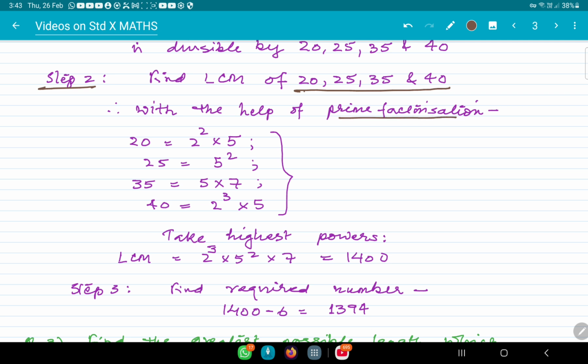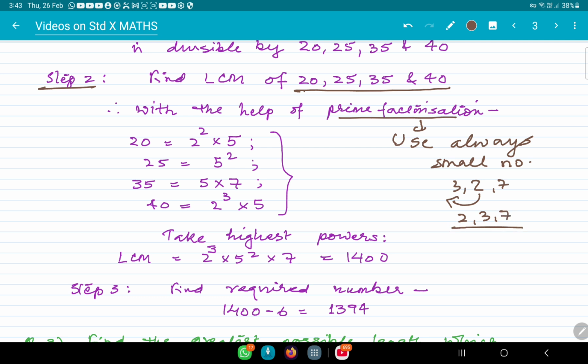In the prime factorization method, always use small numbers first. Suppose your number is prime factorized by 3, 2, 7, then use 2 first, then 3 and 7. This will be your order.